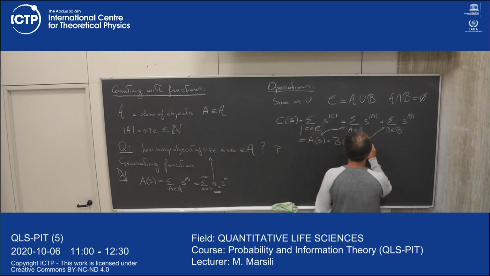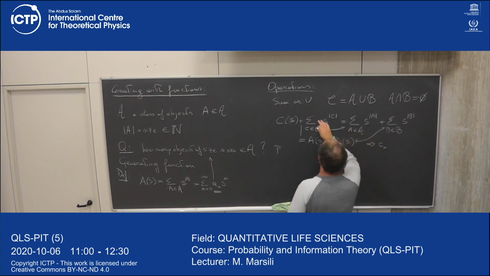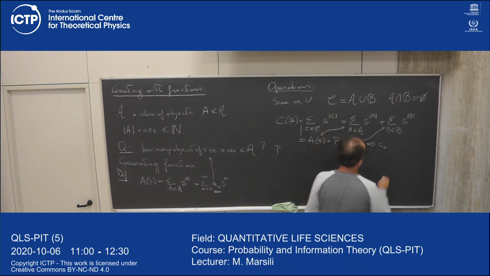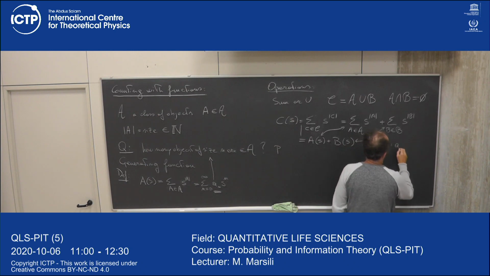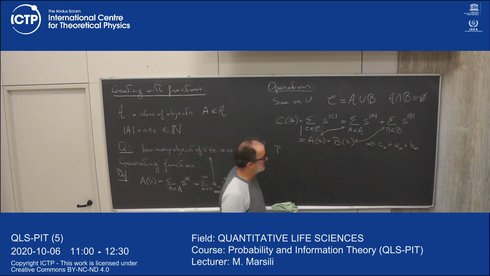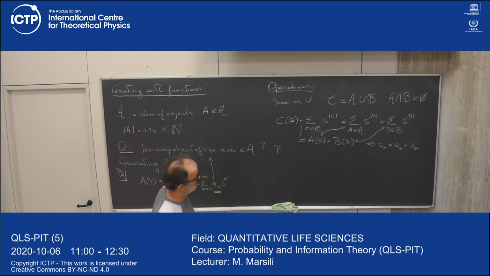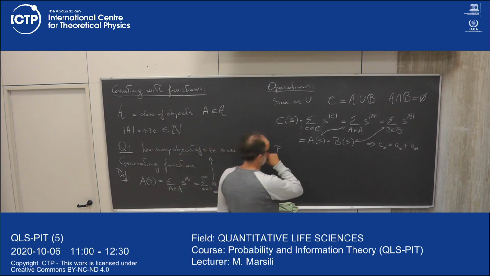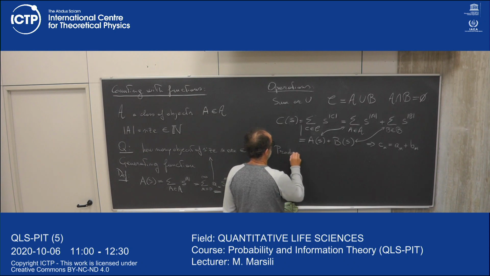It means that the number of objects of size n in C is equal to the number of objects of size n in A plus the number of objects of size n in B. So this is intuitive.